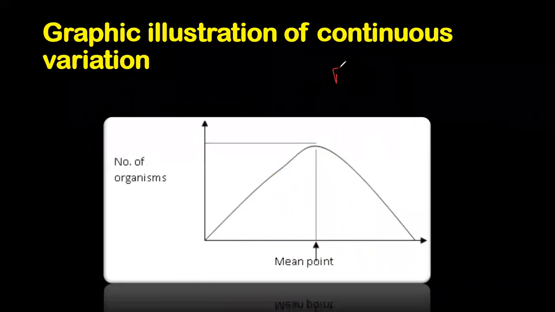In fact, you can call it polygenic, to mean determined by many genes. And so because of this, each gene contributes its small effect to bring about the overall variation among organisms.